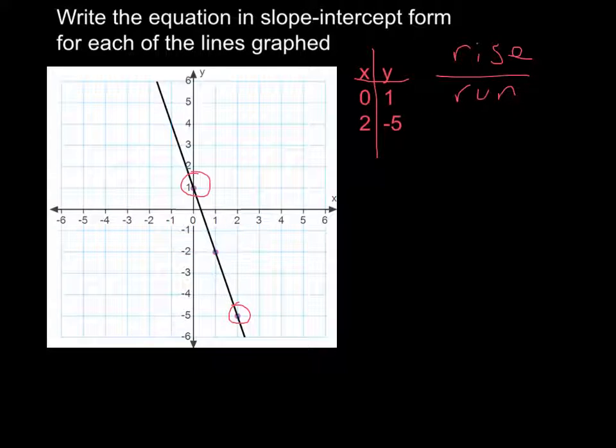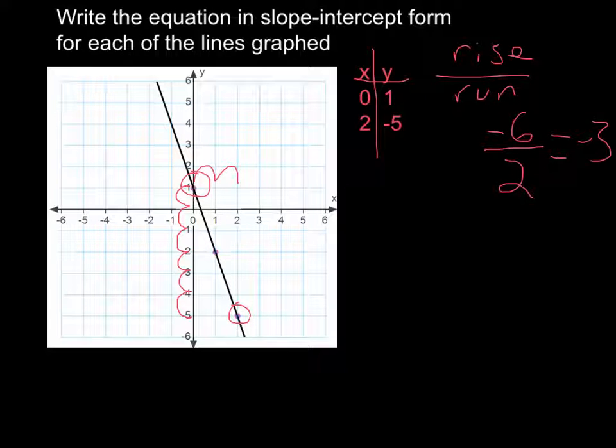We also know that this is downhill, so our rise is going to be negative. We go down 1, 2, 3, 4, 5, 6. Going down 6, we go across 2. Our slope is negative 3.